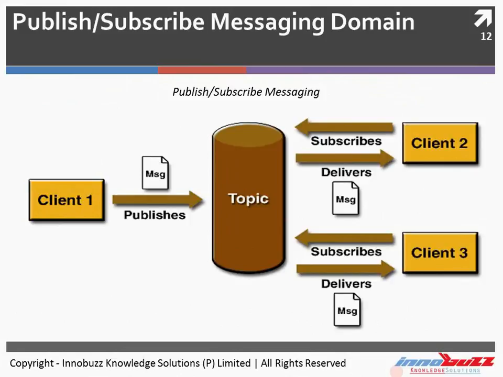A client that subscribes to a topic can consume only messages published after the client has created a subscription, and the subscriber must continue to be active in order for it to consume messages. So here it is all through a topic. There can be many consumers, and therefore there is a dependency of time.